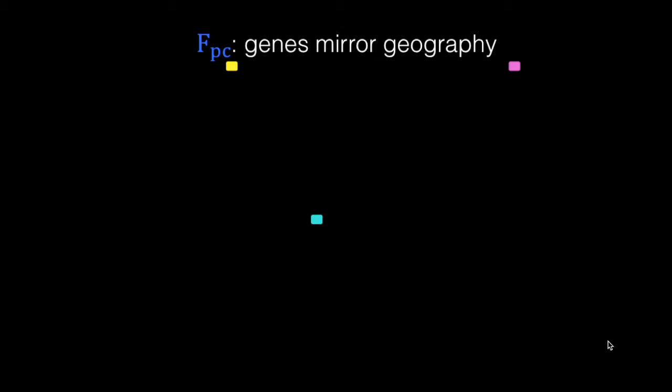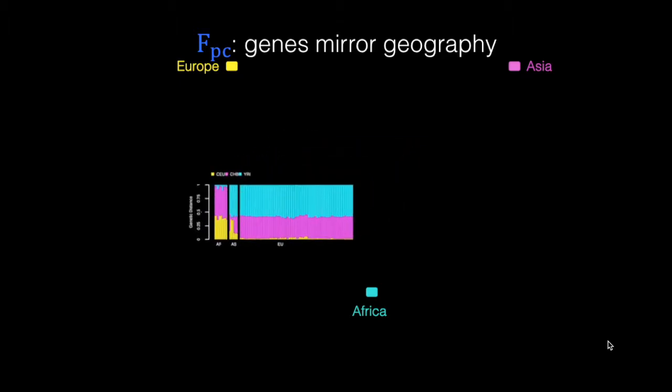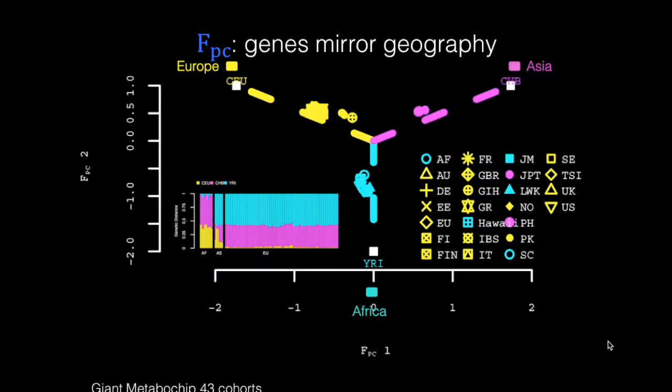For joint metabotrip cohorts, we measure each cohort's genetic distance to these three reference populations representing Europe, Asia, and Africa. We see three categories of FST patterns to the reference population. Then, for each cohort, we convert FST values to its coordinates in what we call the FPC space.